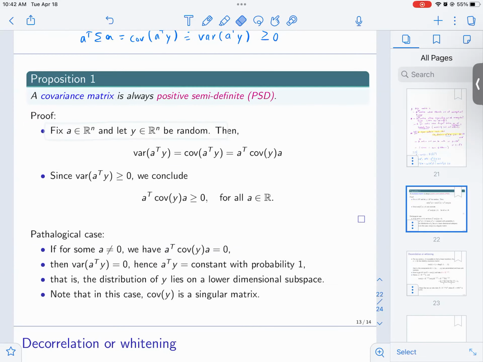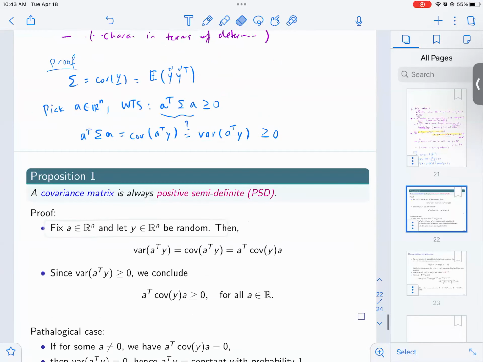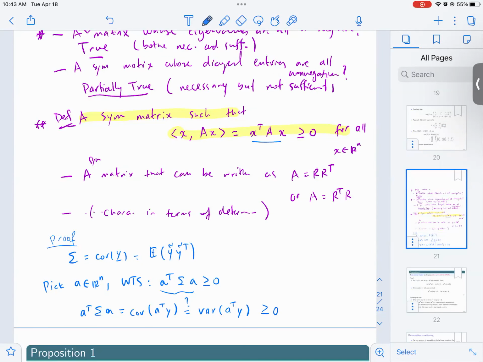This last one is just optional. I'm just going to mention the case where we had positive semi-definiteness and positive definiteness, remember? If this is strictly bigger than 0 when x is non-zero, then we call this positive definite.